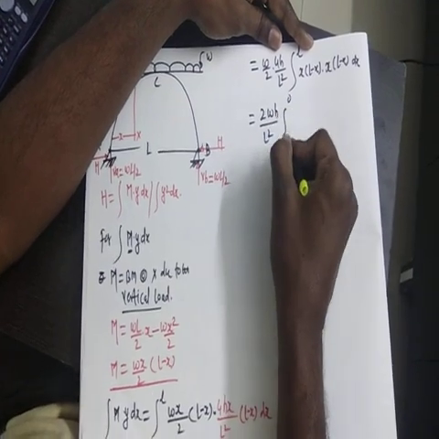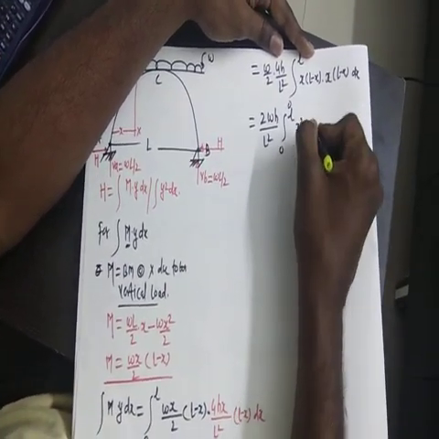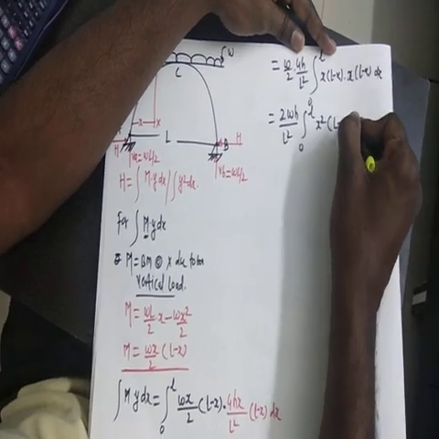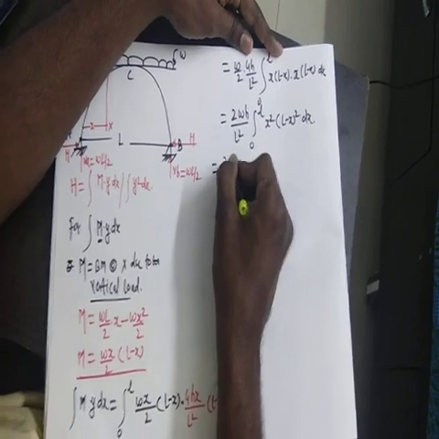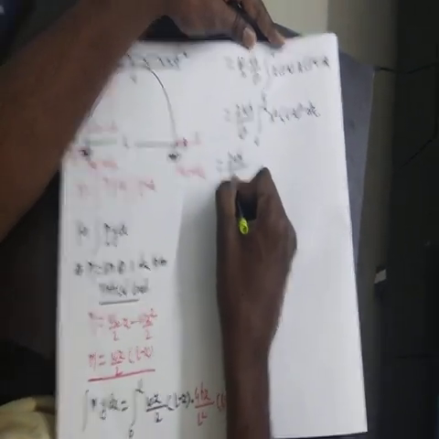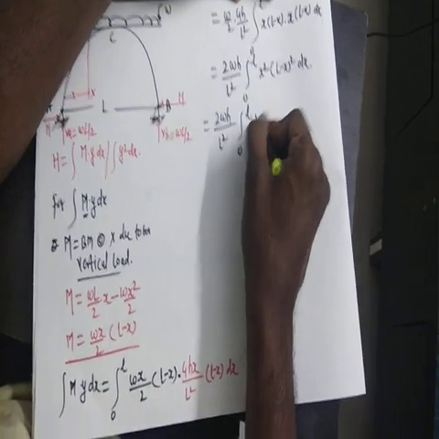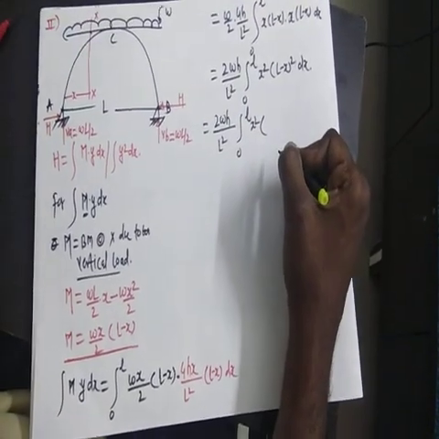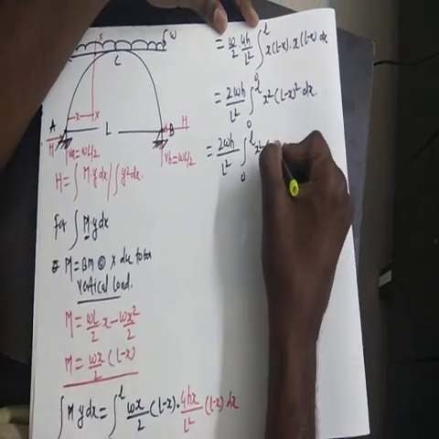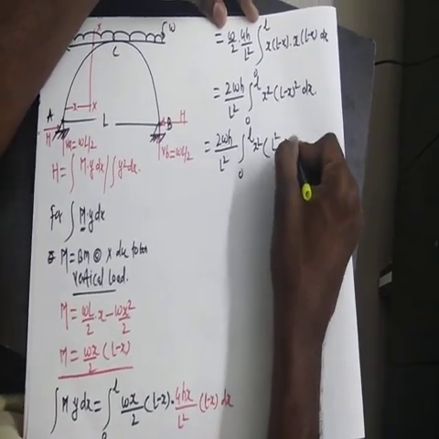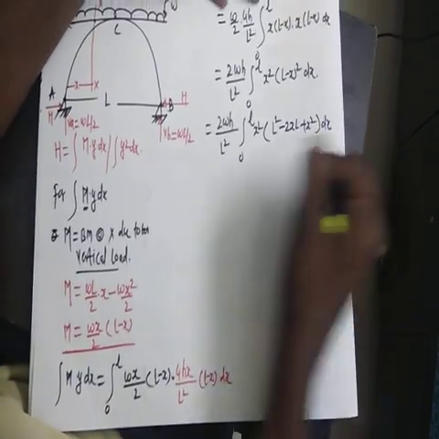If we simplify further, this is twice WH by L square, integration 0 to L, X square in bracket L minus X bracket square, dx. Using the expansion of the bracket square of L minus X, it becomes L square minus twice XL plus X square, dx.